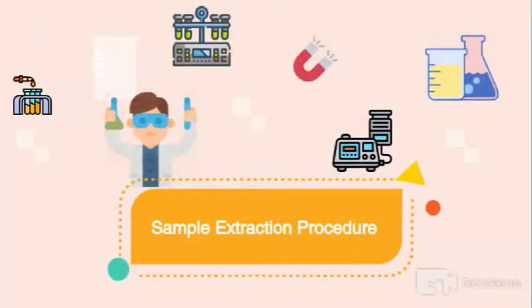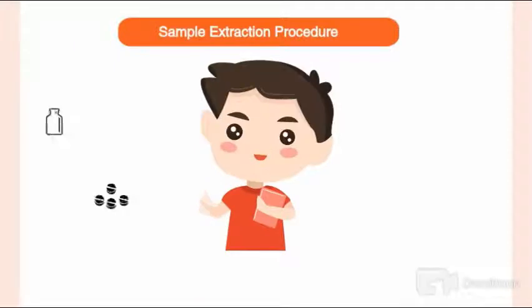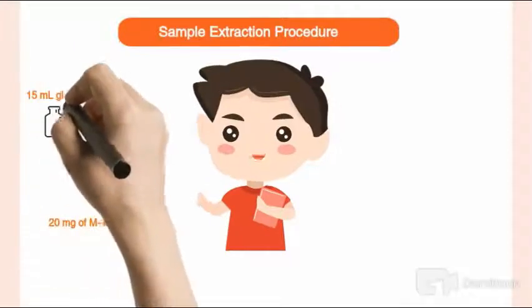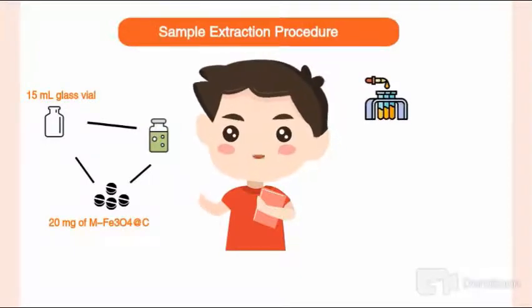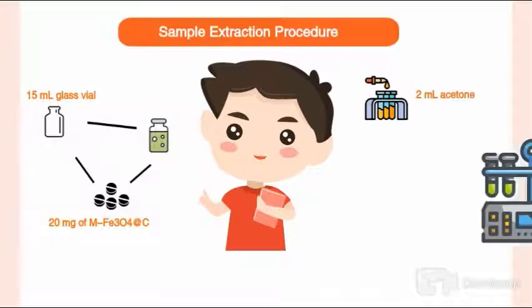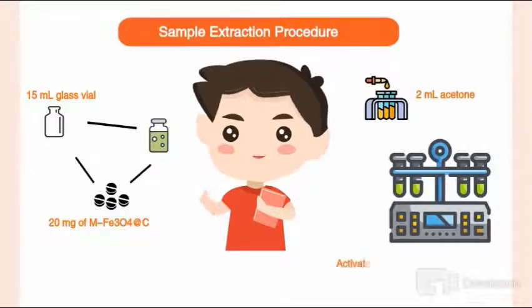Moving on to the sample extraction procedure. Firstly, 20 mg of magnetic graphitized carbon black was placed into a 15 ml glass vial. Then, the sorbent was activated with 2 ml acetone by 2-minute vortex.